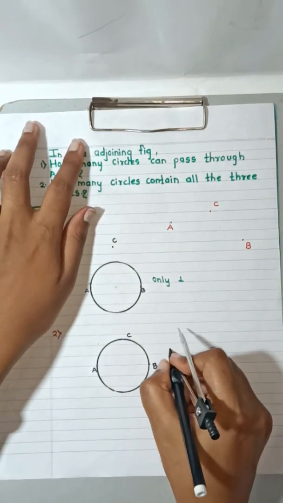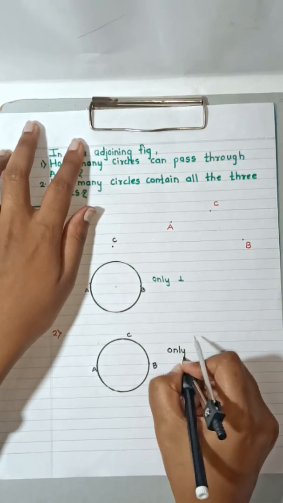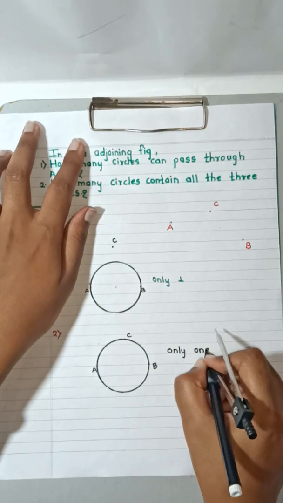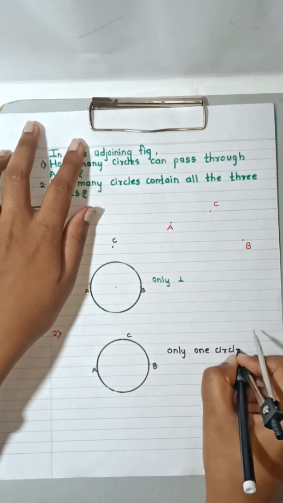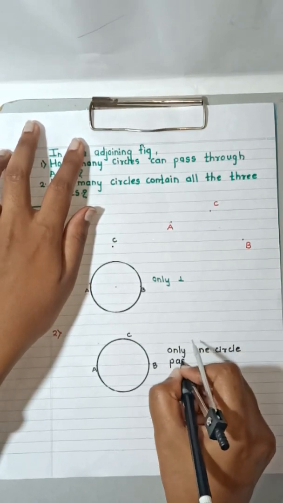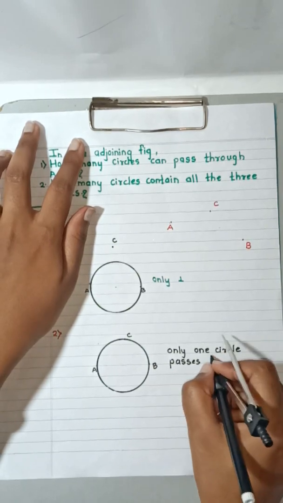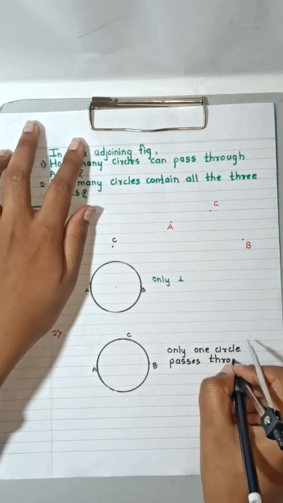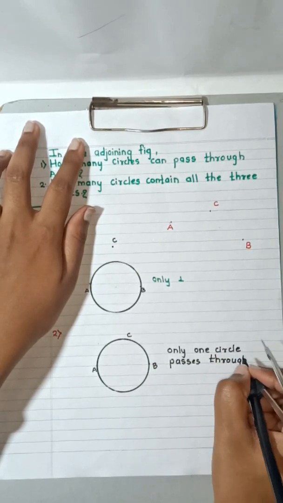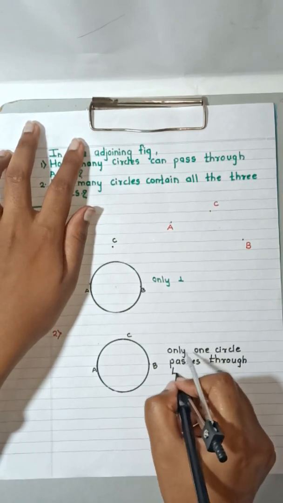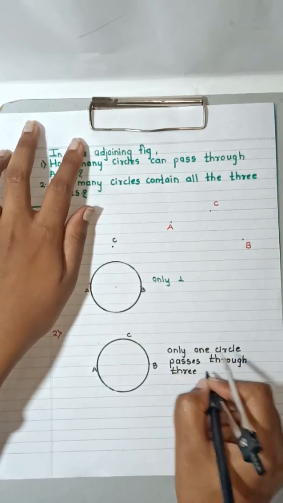Only one circle, I'll write down here, only one circle passes through three non-collinear points.